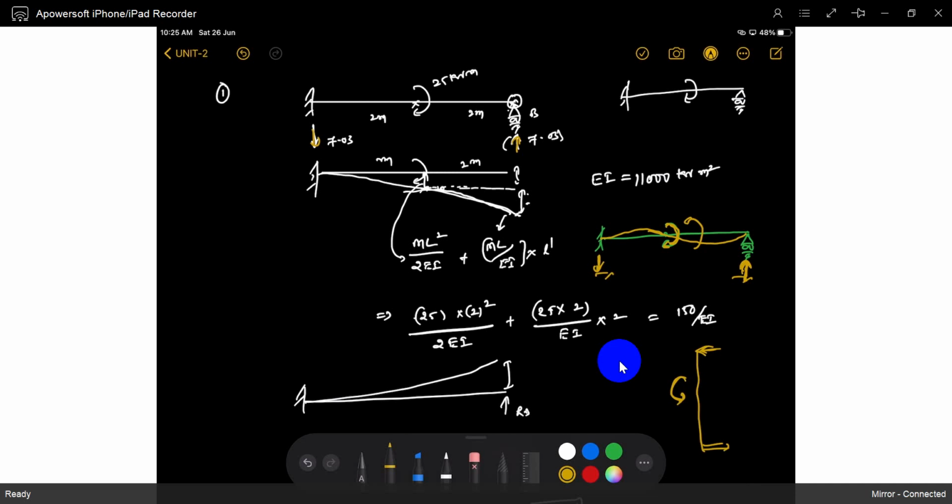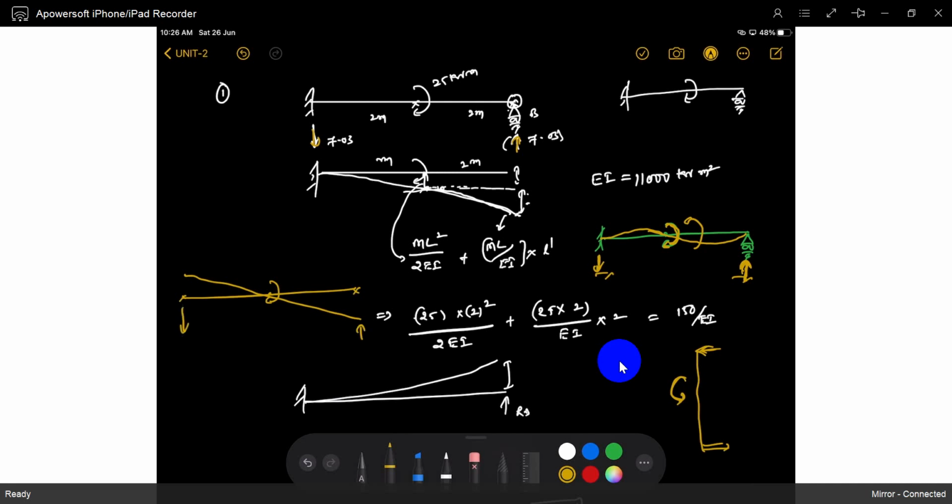Understood? Otherwise, just take that there are no reactions and you just applied a moment. How will it go? It will go like this. But the vertical displacements are restrained, so which direction will the reactions come? The reactions restore the position. So compulsorily in this direction, and in this direction.